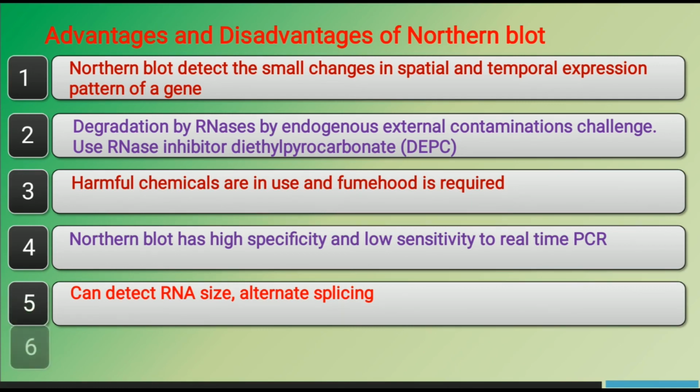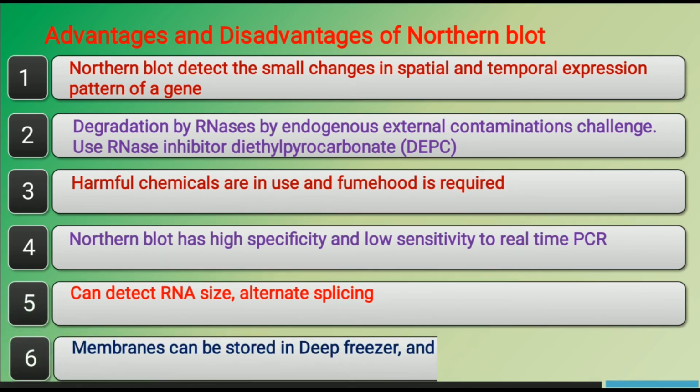Usage of DEPC treated water can minimize RNase based degradation. Northern blot involves harmful chemicals such as formaldehyde and ethidium bromide and other chemicals. It is better to always perform Northern blot inside a fume hood to avoid any harmful effects.